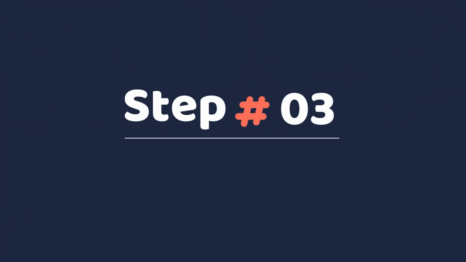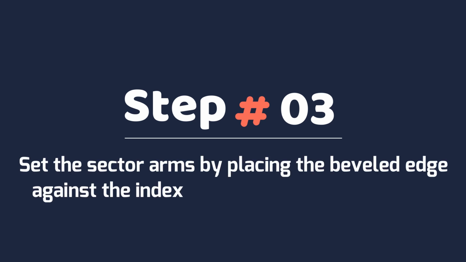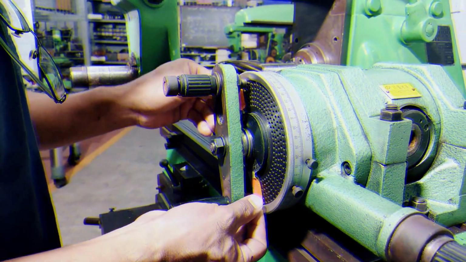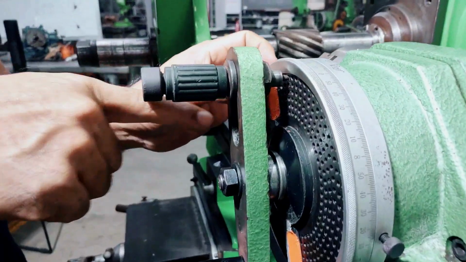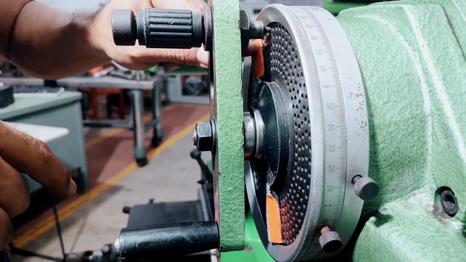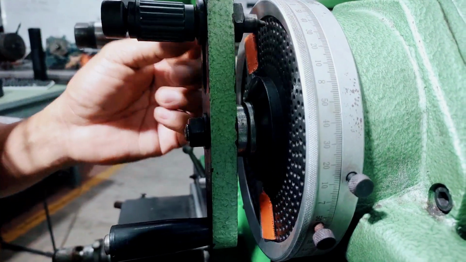Next step, set the sector arms by placing the beveled edge against the index crank pin, usually in the top hole, then count 44 holes on the 66 hole circle. This is our sector arm. This is the left arm and the right arm. The beveled edge should be butted against the indexing pin.